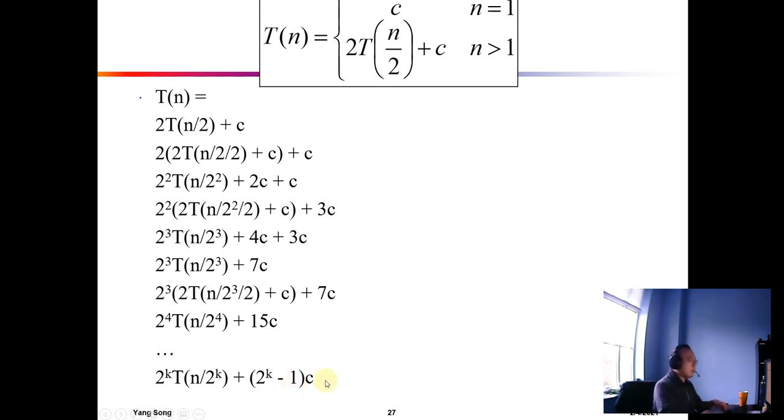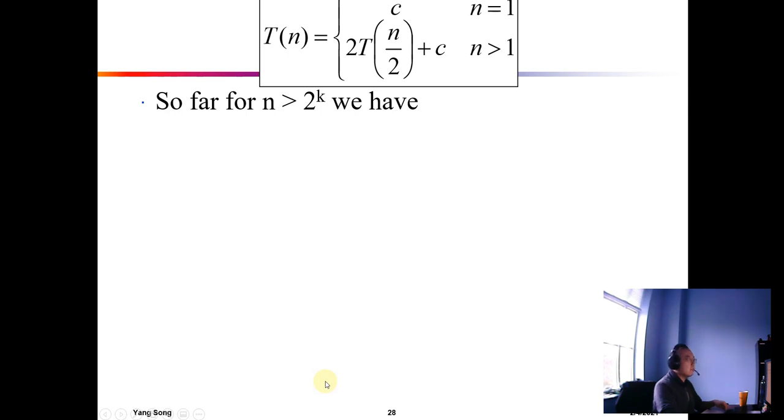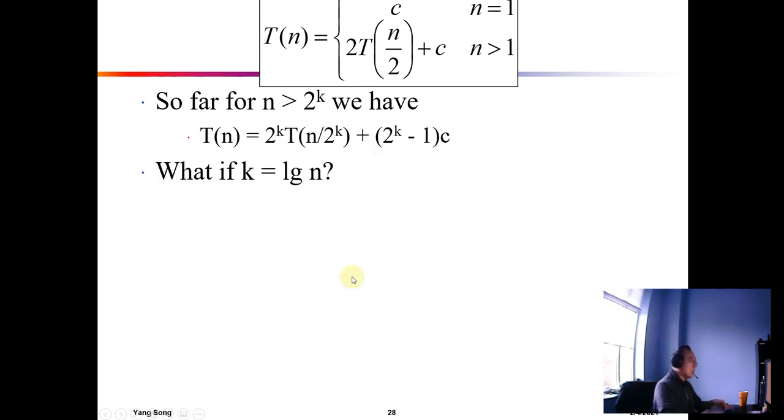Okay, so after we have this pattern figured out, we want to ask the question again, how do we get to the 1? So when are we going to have the 1, and then we will end this, right? So this part, T(n/2^k), will be T(1), and this means what? This means k will be log base 2 of n.